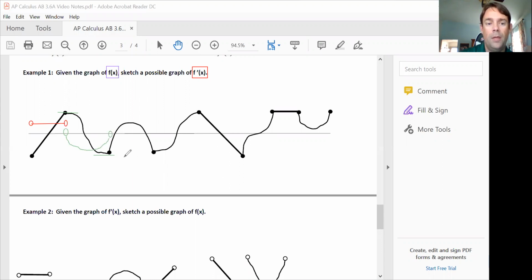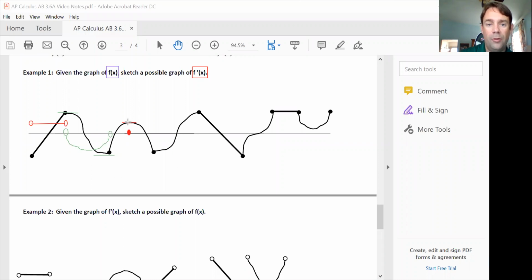Okay. All right, let's have you guys try this one. Let's see what we got here. Okay, notice this is where it changes directions right here. So that means I have a horizontal tangent line, so I'm going to have an x-intercept there.